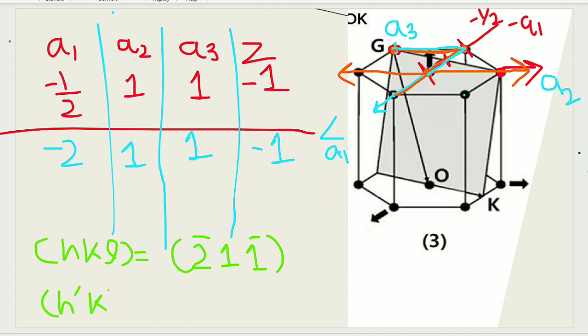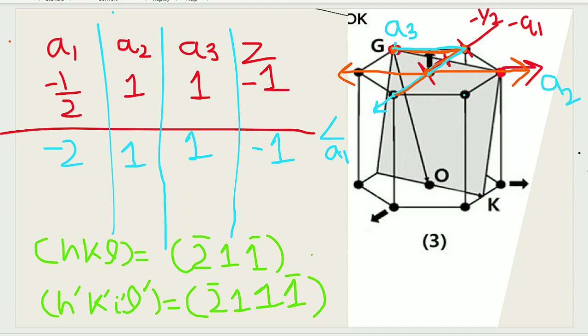And after that, now we need to write down the Miller-Bravais indices. So these are H prime, K prime, I prime, L prime, and H, K and L are the same, so we have 2 bar as H prime, 1 as K prime. I is 1 for a3, the index you get for a3, which is 1 here, and L prime, which is equal to L, is 1 bar.